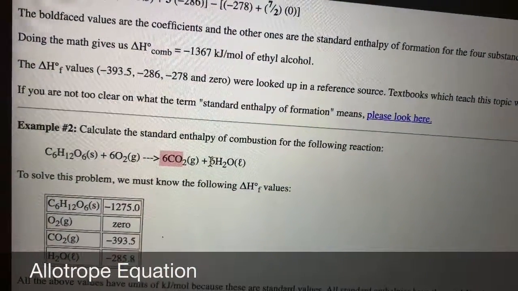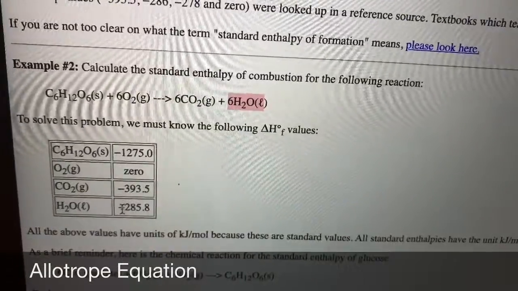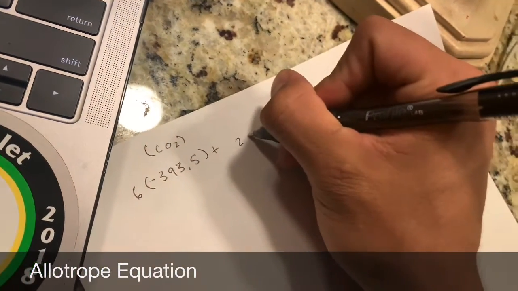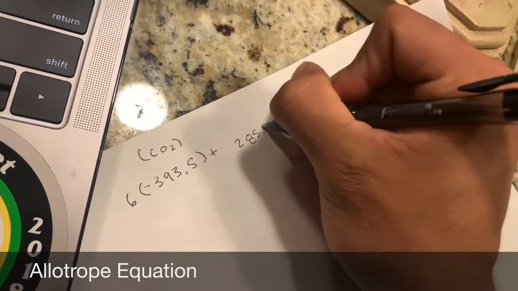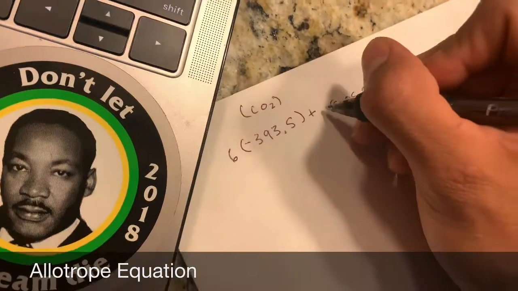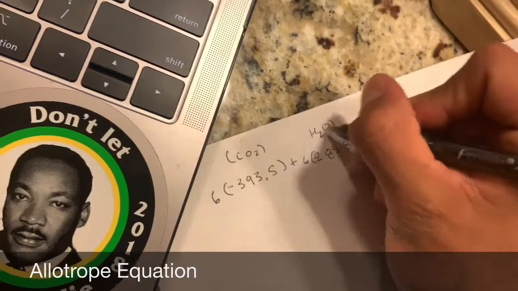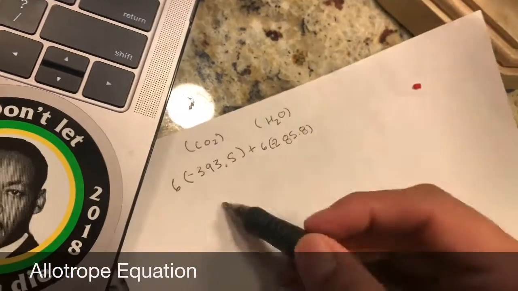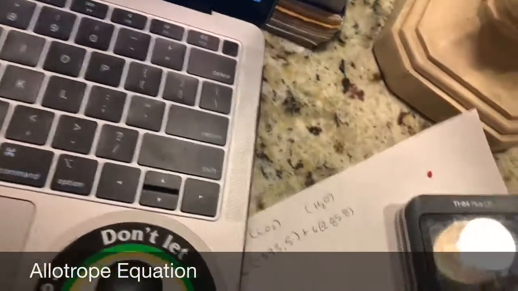Our second product is going to be 6 liquid water, and liquid water is equal to negative 285.8. So we're going to just put down 285.8. Make sure to note that it's a negative, and there are 6 of them, meaning we have to multiply this by 6, and this is our H2O. All right, so this is our sum of products, and we'll do it now.